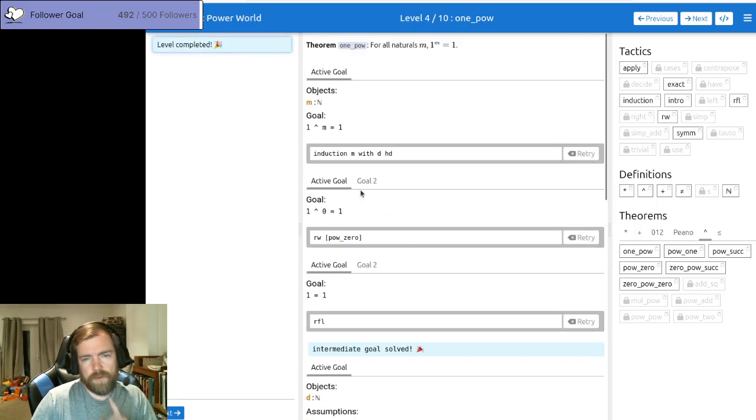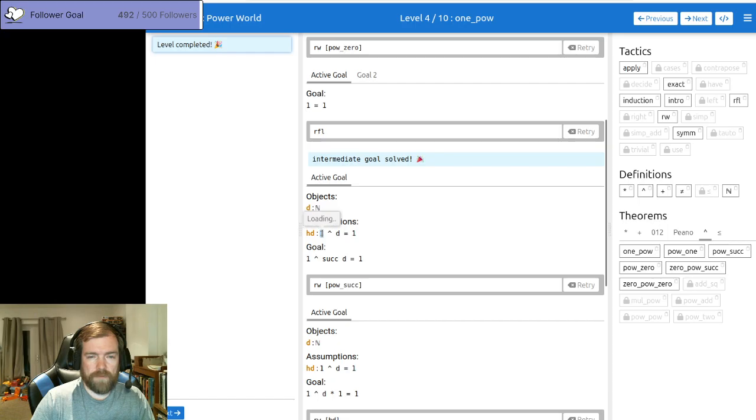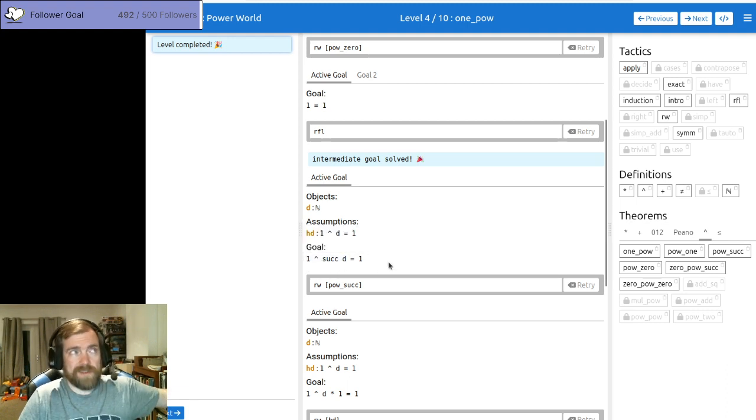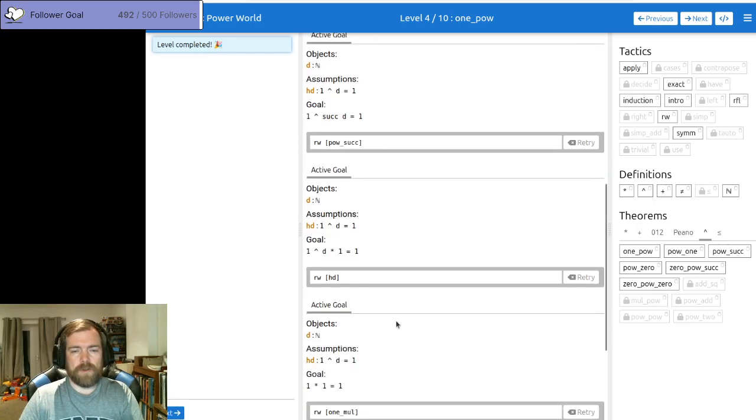Alright, so working through this, we said get induction on m, our variable at the top here, with d and hd, which sets up the parameters. d is our variable, hd is the statement that we need when we're doing induction. So our induction statement is that we're going to be taking for granted that 1 to the d is equal to 1, and then we need to prove that 1 to the next number up is also equal to 1. So we did that down here.